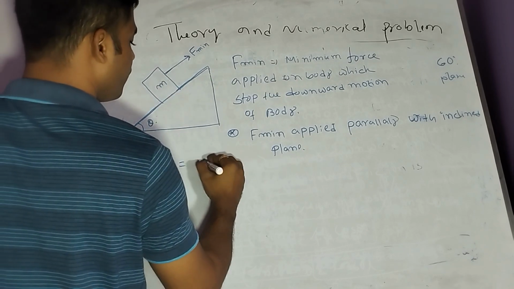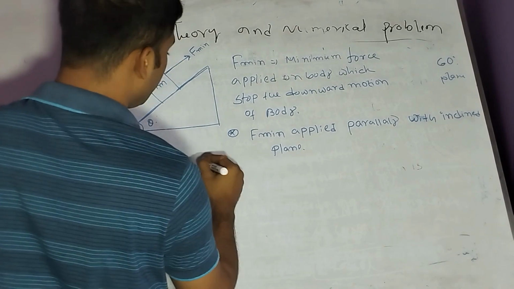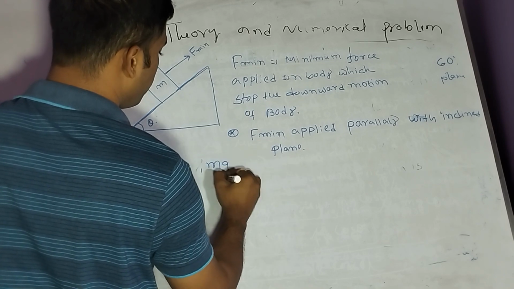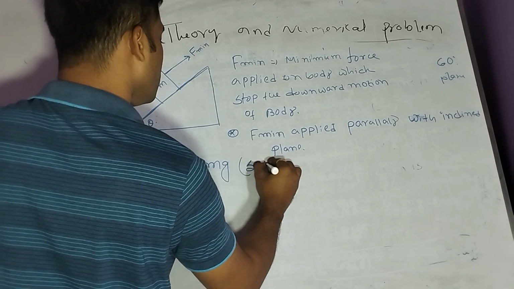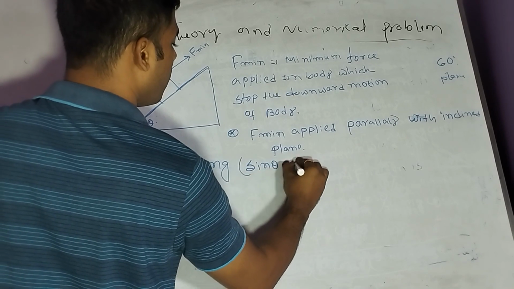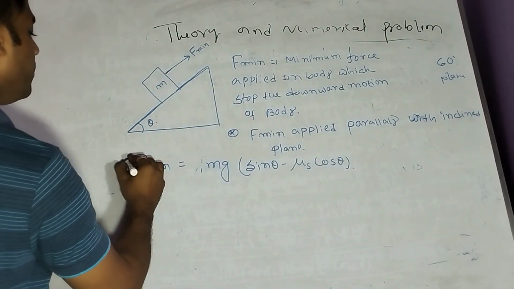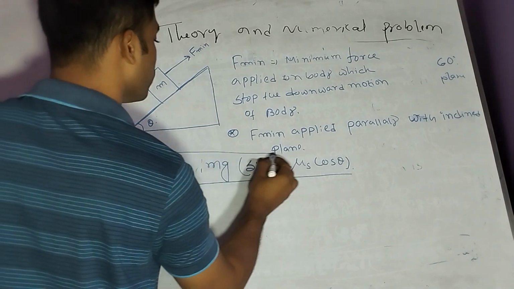F min equals mg (sin theta minus mu s cos theta). This is the minimum force equation which can stop the body's downward motion.